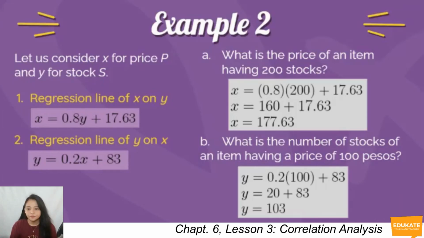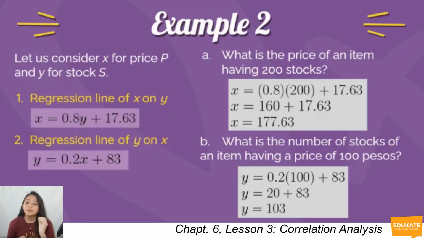So I have here two questions. What is the price of an item having 200 stocks? The price of an item P, that's X. Having 200 stocks, S, that's Y, your dependent variable. So you have X equals 0.8 times 200, your given number of stocks. Given your number of stocks, you're looking for the price.